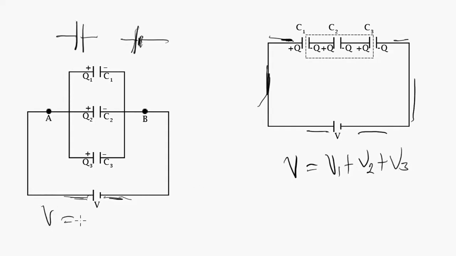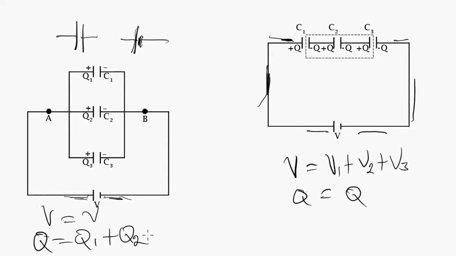whereas V here is simply the potential difference here. So on the parallel side the potential difference is constant, whereas on the series side the Q is simply Q. Over here the Q, which is the charge, is Q1 plus Q2 plus Q3.